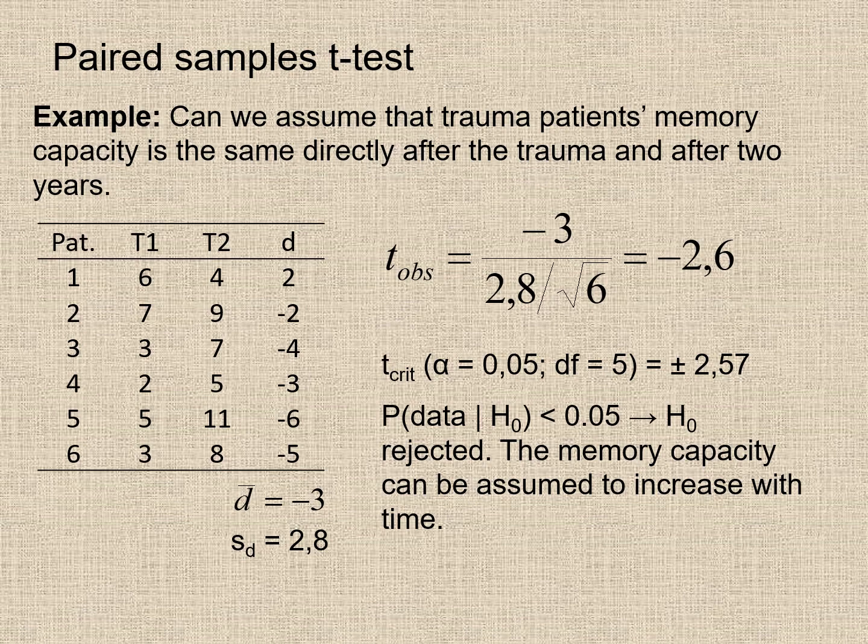So what we can do now is that we calculate the difference score for each person, and we take T1 minus T2. So that might be a bit counterintuitive. Usually you might want to calculate T2 minus T1, so a positive value stands for an increase and a negative value for a decrease, but in this case it's the opposite.